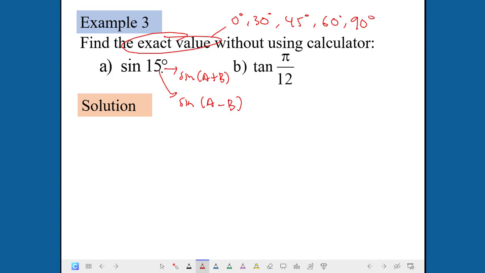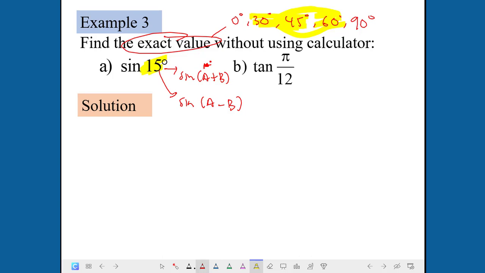So let's say 15. You use sin(A plus B), which means sin(10 plus 5). We don't know what sin 10 is, because this one is without using a calculator. We need to use the basic angle or the special angle. Let's say here is 45, 45 minus 30 you can make 15, or 60 minus 45, so you can get sin 15.